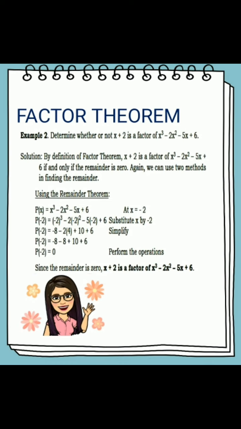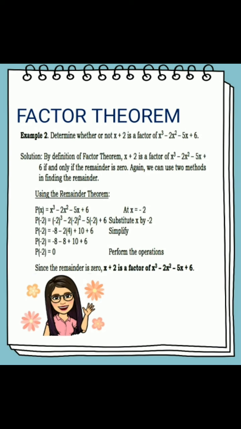Using the definition of the factor theorem, x plus 2 is a factor of the polynomial if and only if the remainder is 0. So, let us use the remainder theorem to identify if the remainder of the given polynomial using x plus 2 is equal to 0. Ang gagawin lang natin is magsasubstitute tayo.